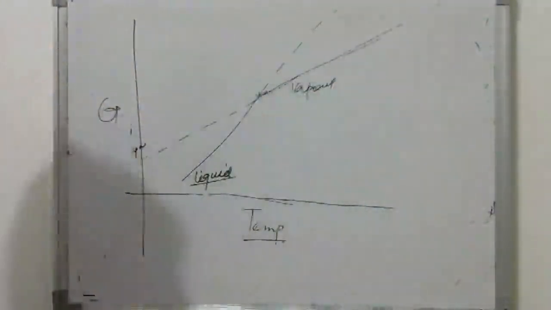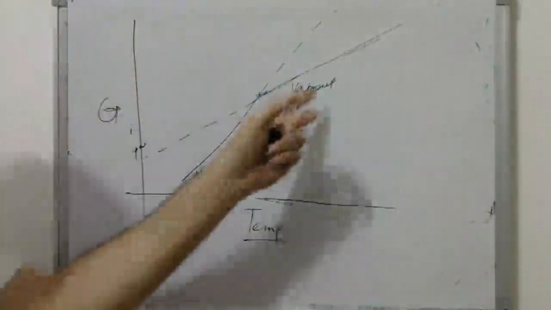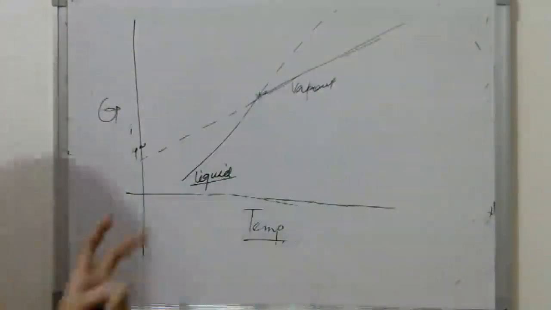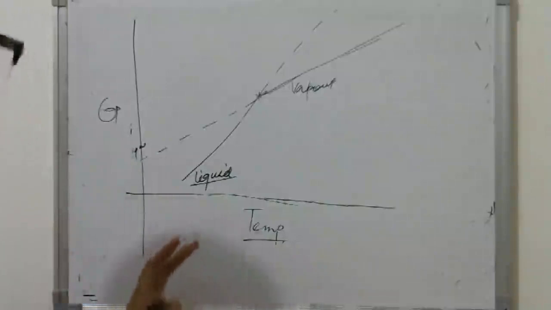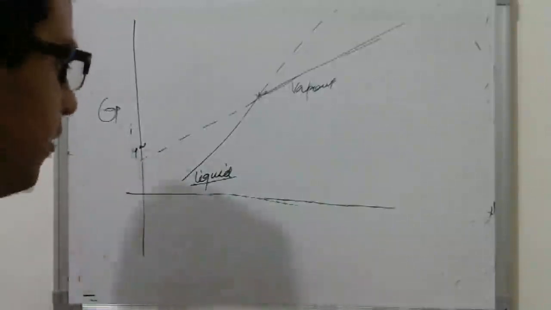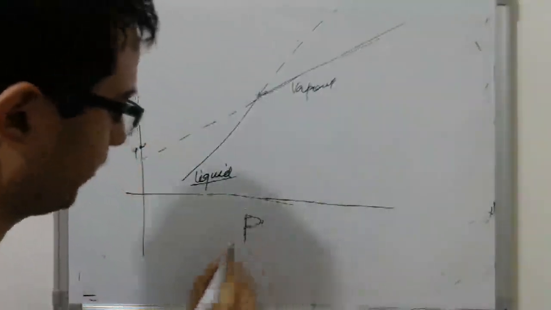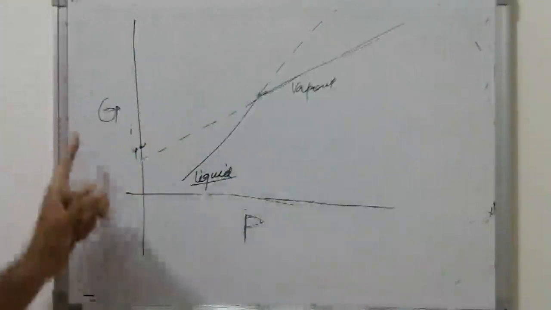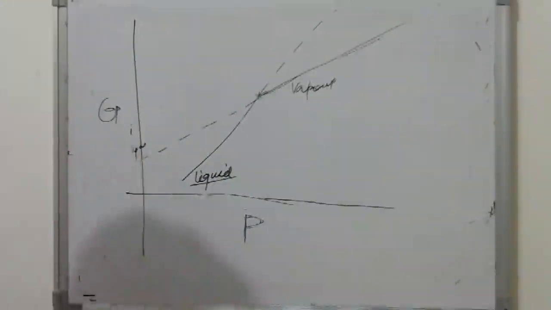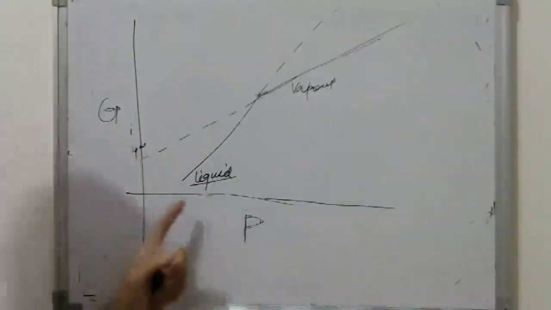This is liquid. So liquid and vapor equilibrium is there at a particular temperature, at a particular pressure. The pressure can also be a variable here. So this is the free energy versus temperature line, this is how it varies. Why have I drawn this line?